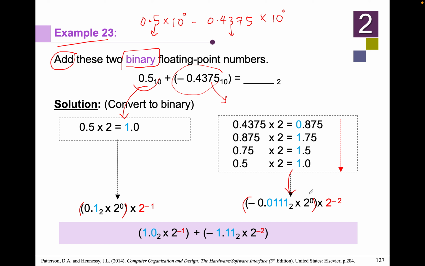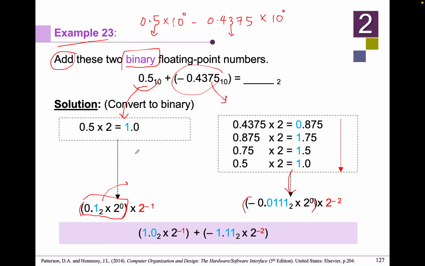From here, after you're done with the conversions to binary, you need to make the exponents similar to each other. And first of all, after you convert, you need to normalize it first, right?